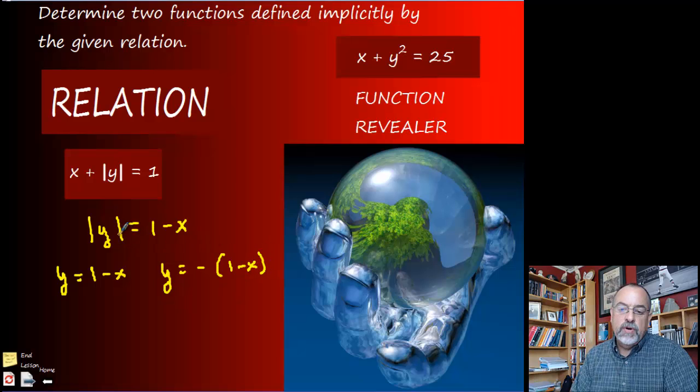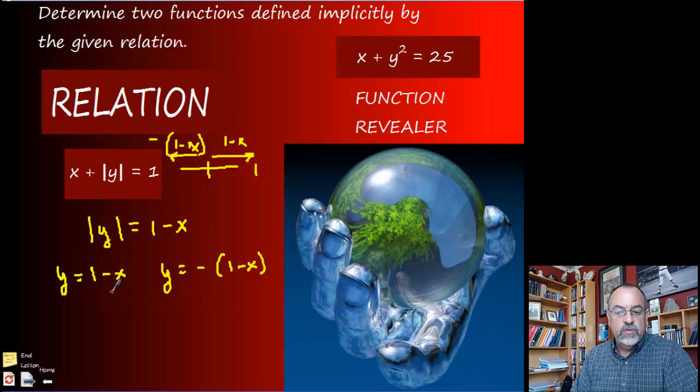Because you remember, absolute value means the distance from 0. This 1 minus x represents the distance from 0. I could go 1 minus x this way, which would give me a certain distance, but I could also go the other way, which is the opposite direction. That's where these two expressions come from.